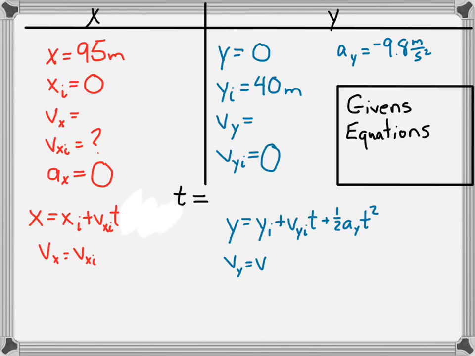We have Vy equals Vyi plus Ay t. So final velocity equals initial velocity plus acceleration times time. And then you have the v squared equation: velocity squared equals initial velocity squared plus 2 times acceleration times the change in position, or displacement, in the y direction.